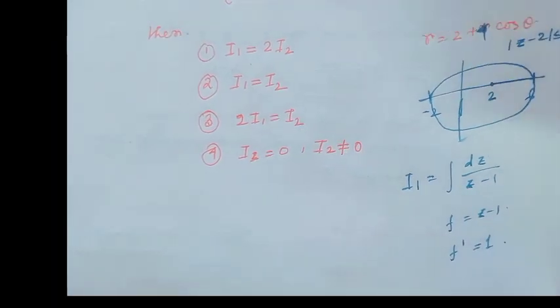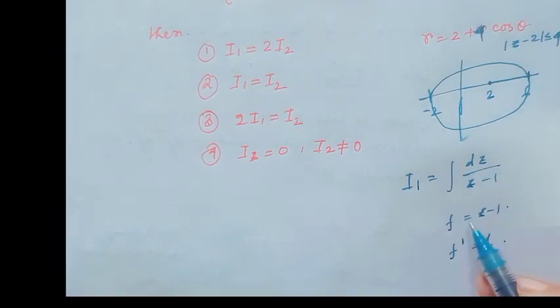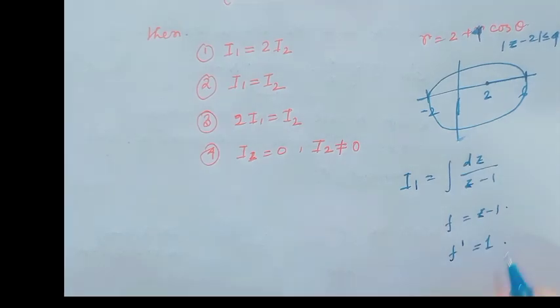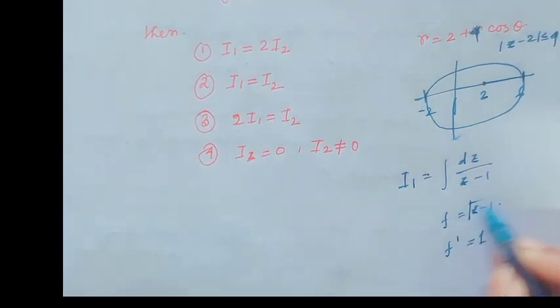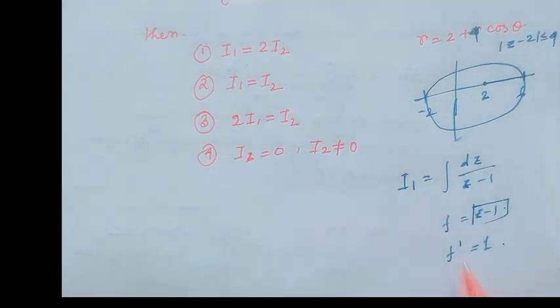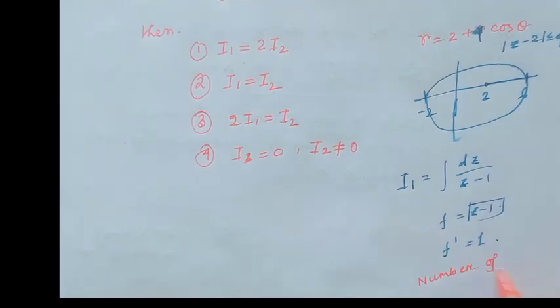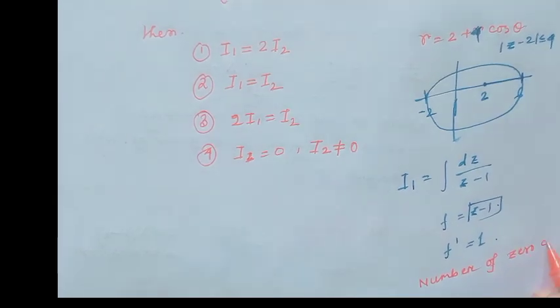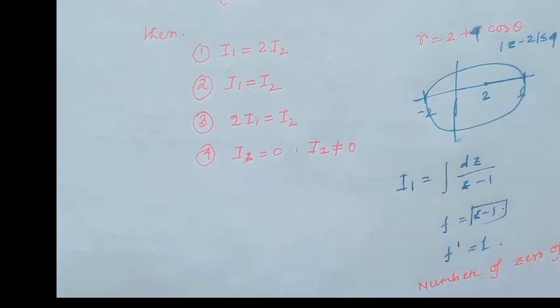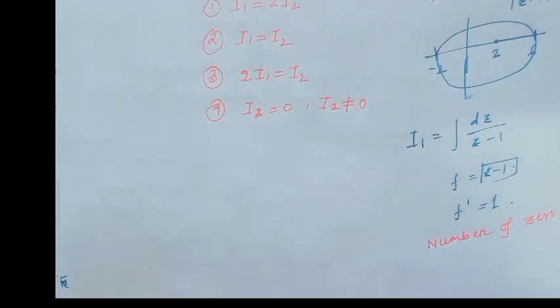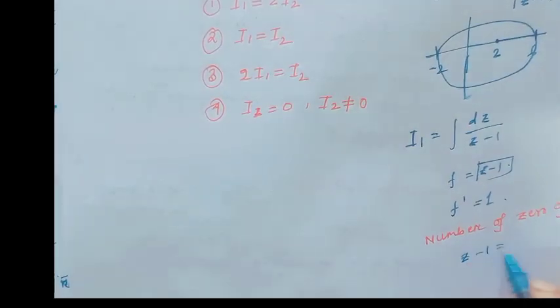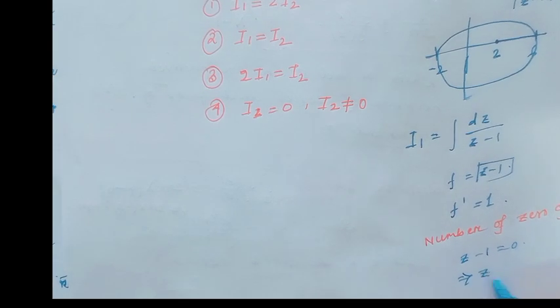Here we can apply the argument principle because f dash equals 1. The zero of f: z minus 1 equal to 0 implies z equal to 1.